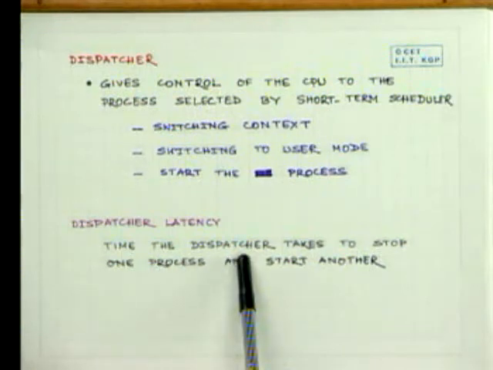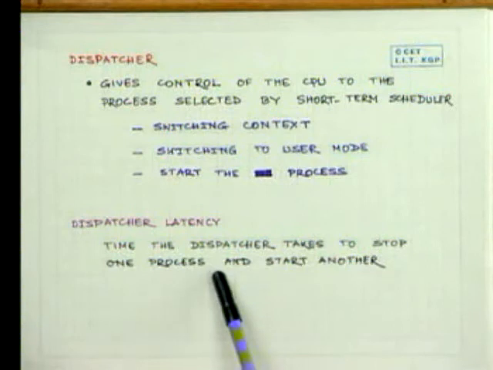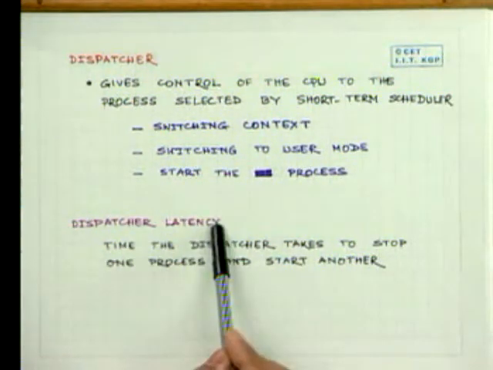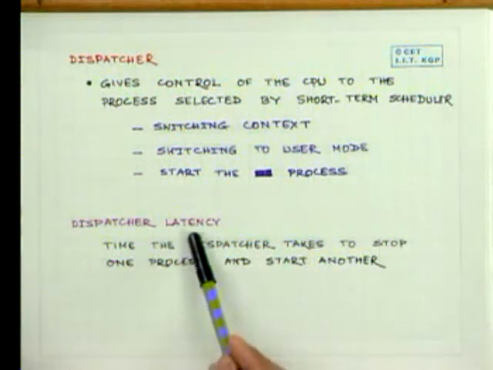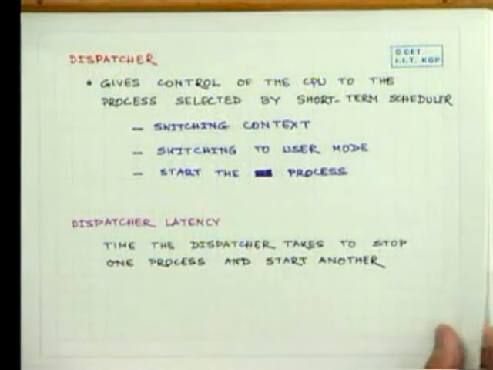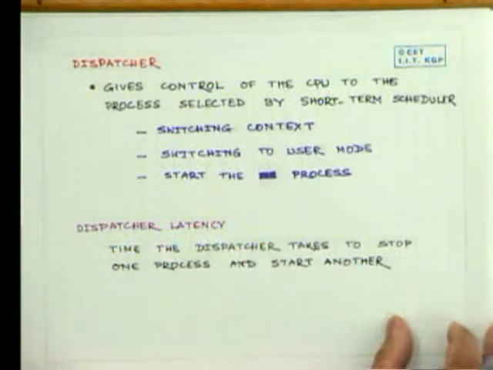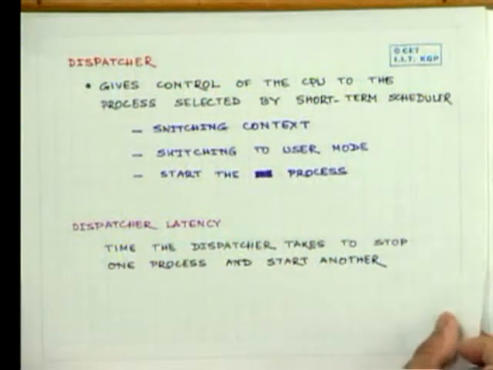The time the dispatcher takes to stop one process and start another is called the dispatcher latency, and that's an important point. Naturally, as we discussed, that depends upon the architecture of the system, that is, how much support the hardware gives to this dispatching process.